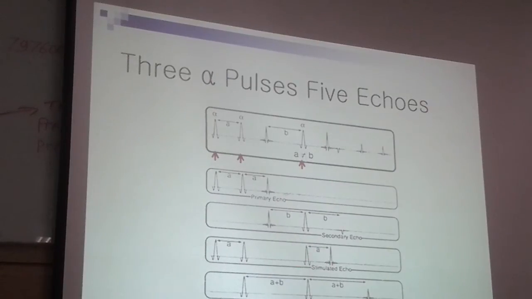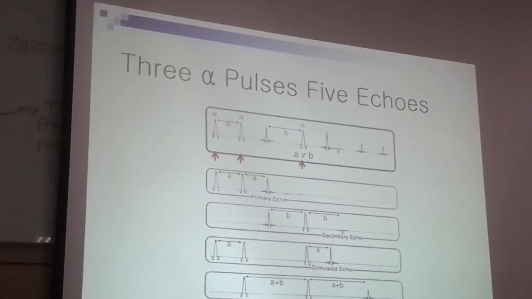When primary echoes happen, the timing A is the same, and when the secondary echoes happen, the timing B is also the same.